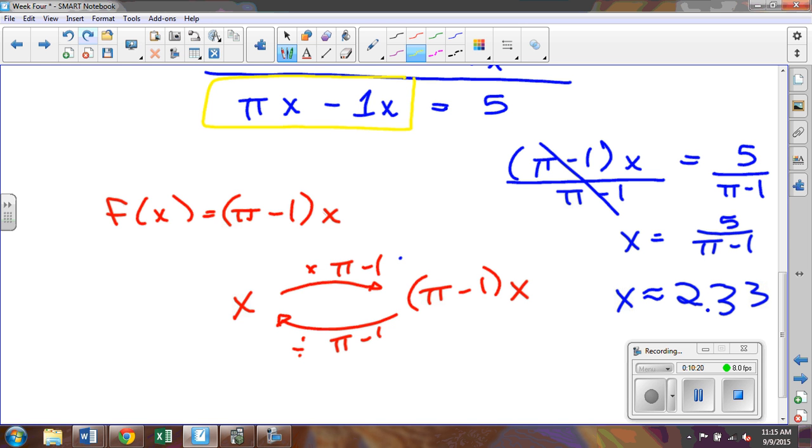Both the pi x term and the minus 1x term have an x in common. So that is a piece that I could factor out. If you take out the x, what got left behind? Pi minus 1, which is how I obtained that for our equation. That help clear it up?